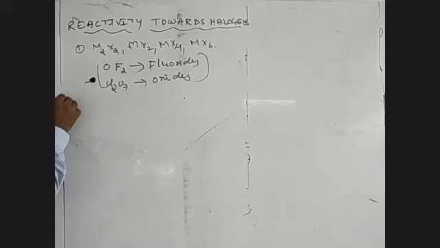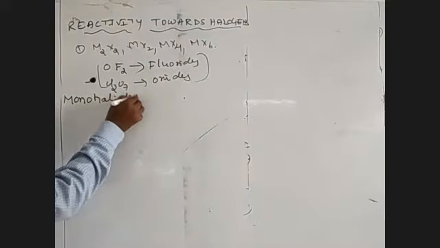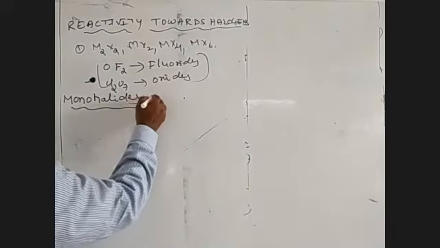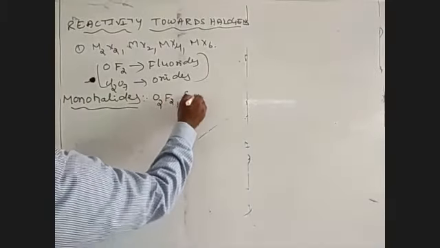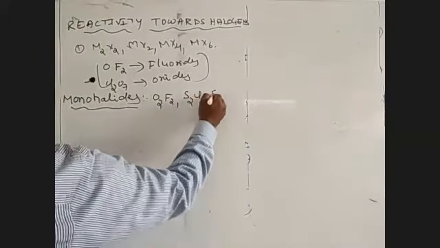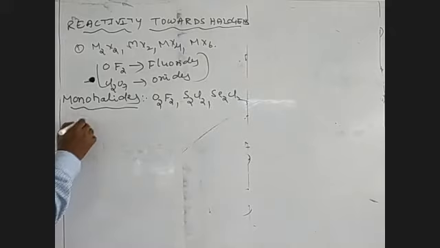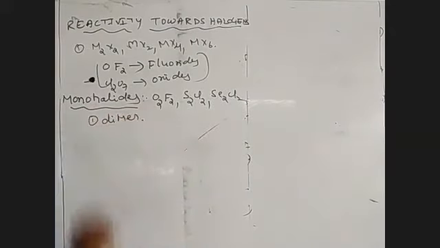First we discuss monohalides. Examples of monohalides are O2F2, S2Cl2, Se2Cl2, and so on. In most cases, monohalides undergo dimerization.